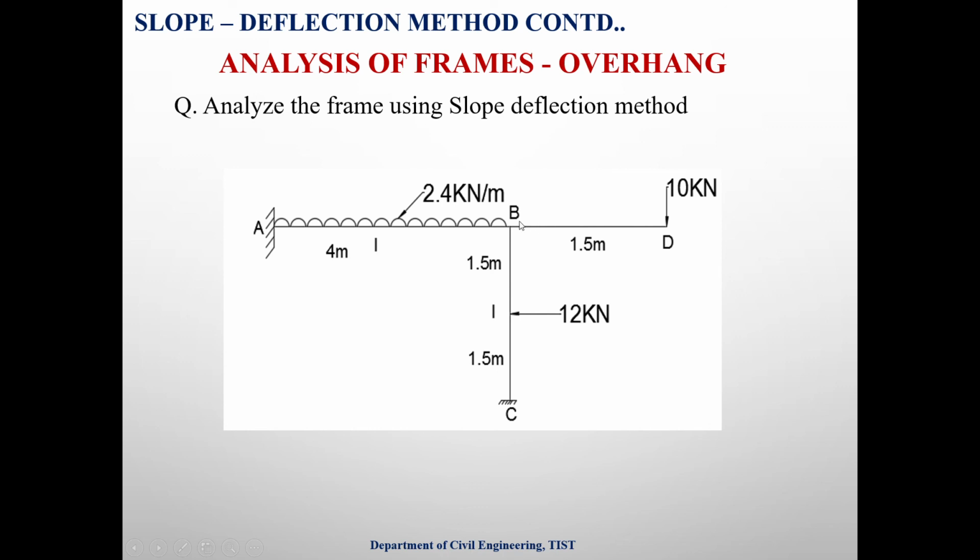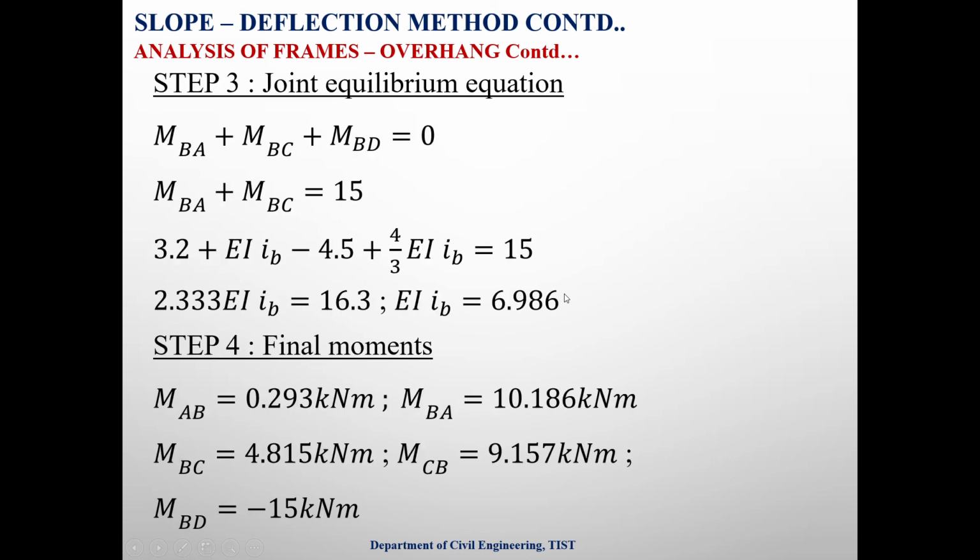In the equation MBA plus MBC plus MBD is equal to 0, MBD is minus 15. That means we can write the joint equilibrium equation as MBA plus MBC is equal to 15. We know the equations of MBA and MBC.